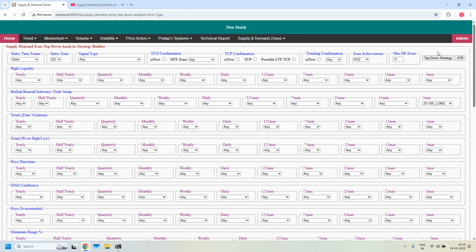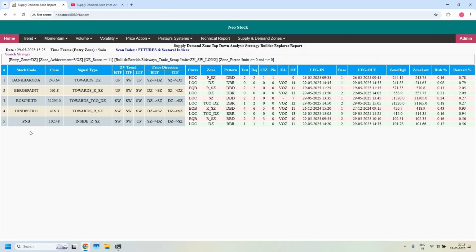With these filters, we got 5 stocks supporting sideways long trade setup for hourly income trade, and entry time frame zones are 5 minutes demand zones. So some of these stocks are already tested. This is the one. Okay.